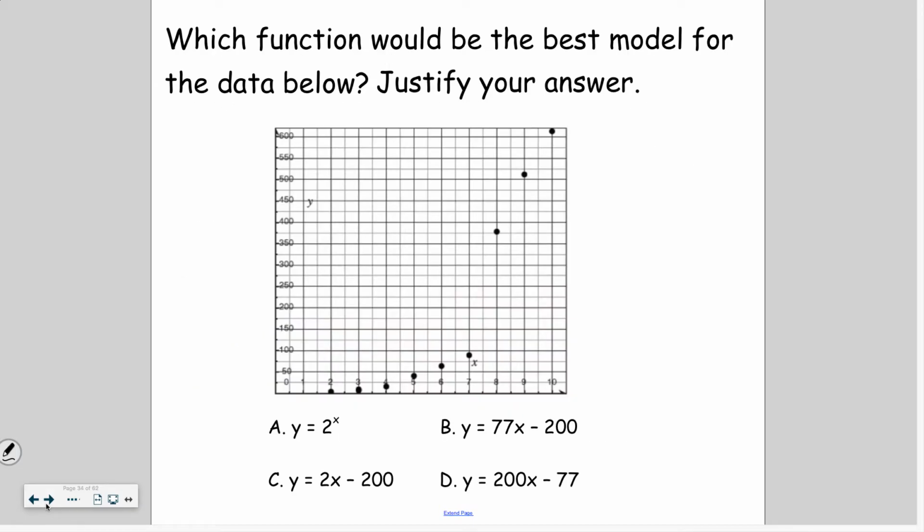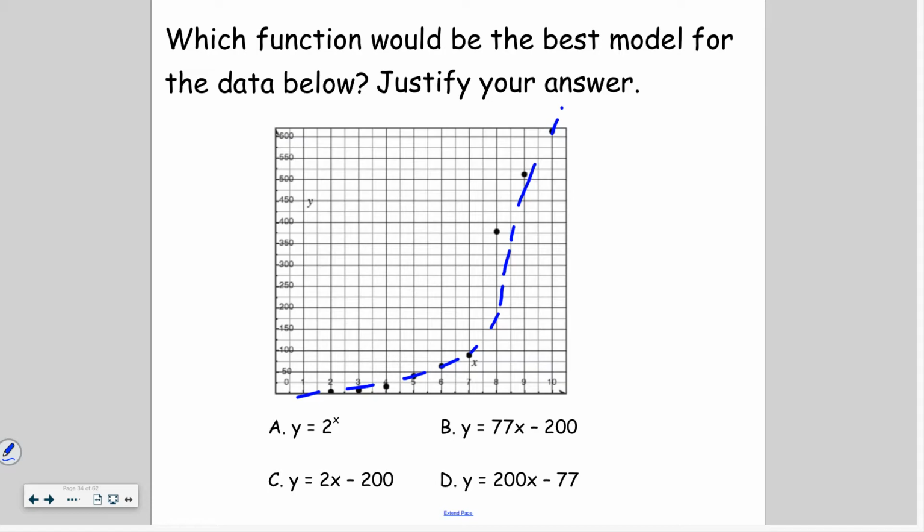Okay. All right. So now, if I look at this one, I'm not connecting these dots. But if I was to, which function did this look like that we have dealt with before? Okay. I'm going to give you a second to think about that. And then I want you to look at your answer choices.